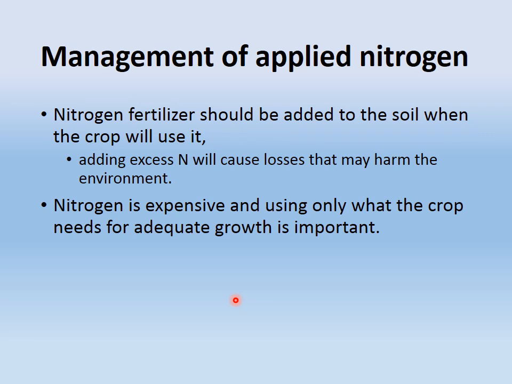Another very important point to appreciate is that nitrogen fertilizers are very expensive, and using only what the crop needs for adequate growth is important. So you do not need to apply excess amounts of nitrogen in the soil.